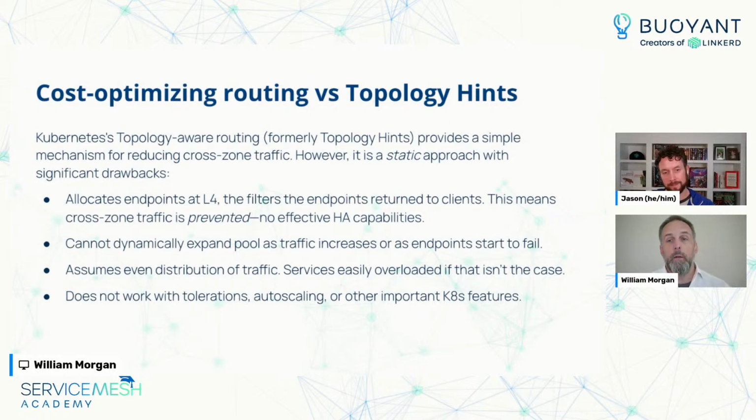So you get no cross-zone traffic, but you also sacrifice your HA entirely. There are all sorts of conditions under which this doesn't work. A very brittle approach, but it's kind of all you can do at the Kubernetes level anyways, because you don't have anything beyond layer 4 information. So if you're in a situation like Linkerd, where every request is something that you are actively routing, you can be a lot fancier.